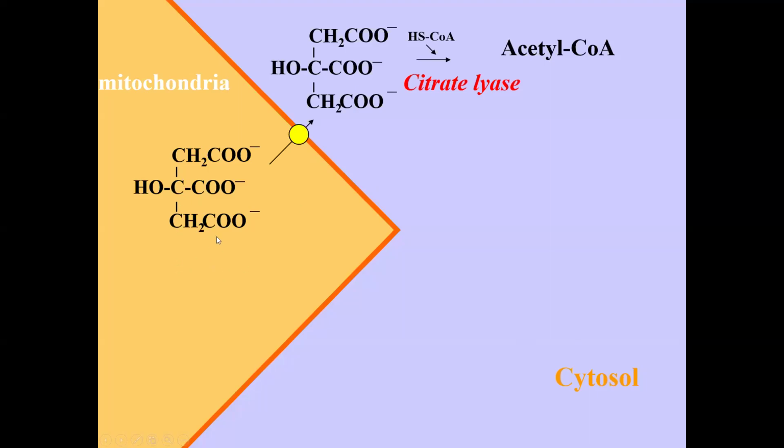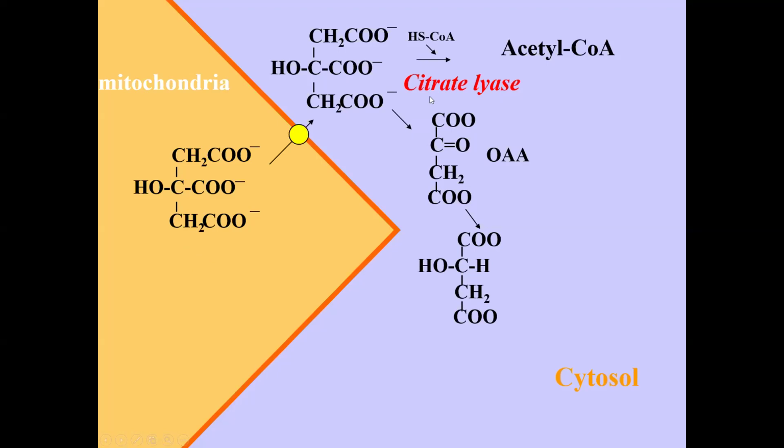This citrate can pass through the mitochondrial membrane and becomes available in the cytosol, where citrate lyase acts on the citrate and produces acetyl coenzyme A as well as oxaloacetate, which is unable to go back to the mitochondrial matrix, so it has to be converted to a new compound.